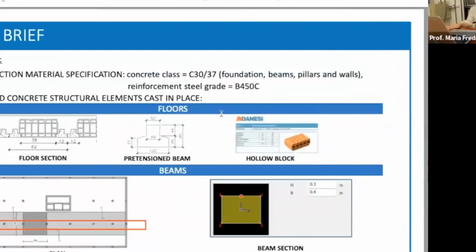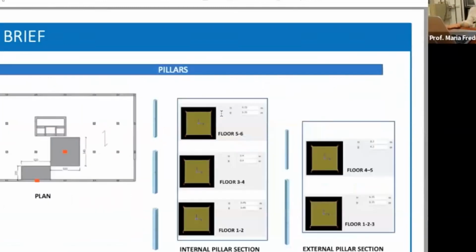And floors are built in pretension beams and hollow blocks. Beams are cast in place and have a rectangular section, and pillars have a square section, but external pillars are different to the internal pillars because the internal pillars are smaller than the external pillars.